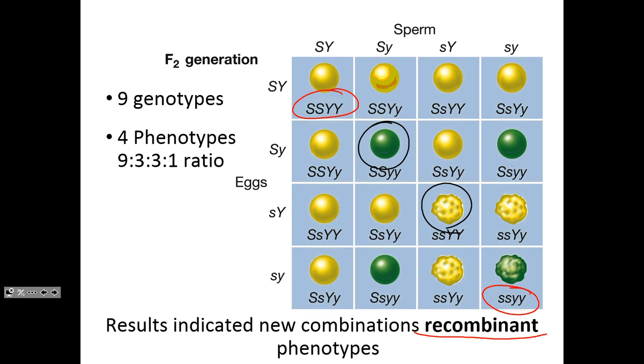The most dominant trait will have 9 in the phenotype. That's our yellow and round. The 2 intermediates, the green wrinkled and the green round and the yellow wrinkled, will each have 3 out of 16, and then the rarest here will be 1 out of 16.